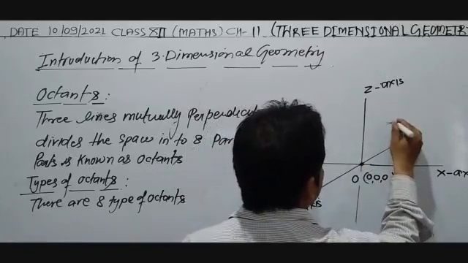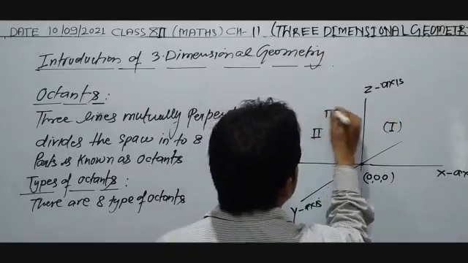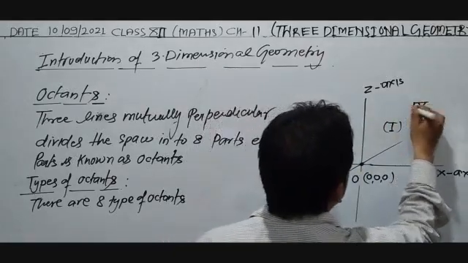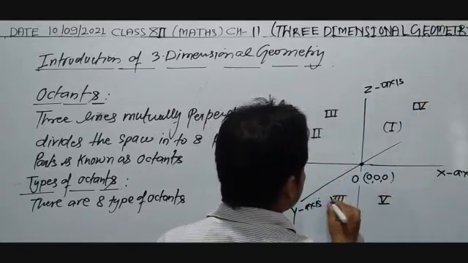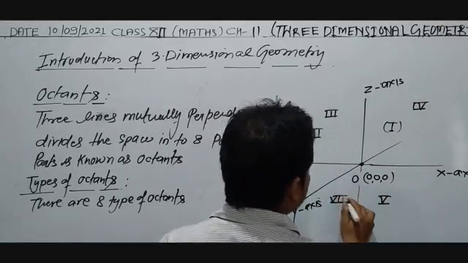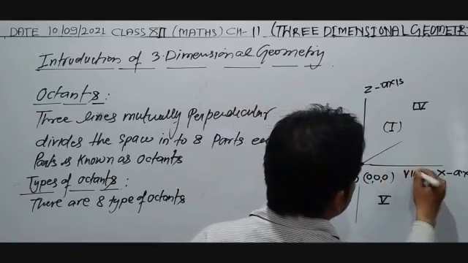First octant, second octant, back is third, fourth, first below is fifth, this is sixth, the sixth back is seventh, and seventh right is eighth.